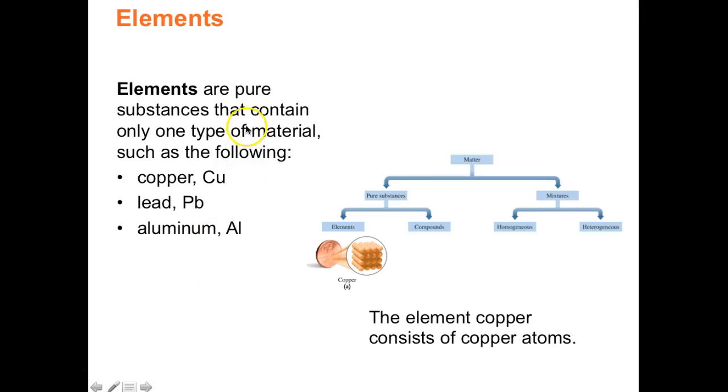So elements are pure as they have one type of material, so most metals, copper or lead, aluminum or gold, all of those, when they have just one type of material, then it's a pure substance.